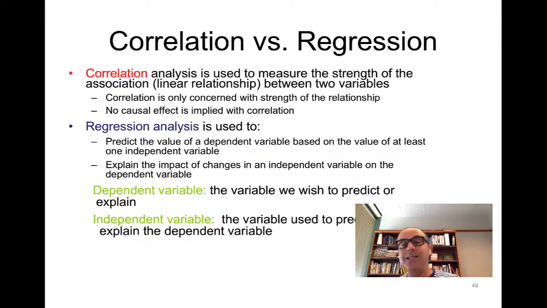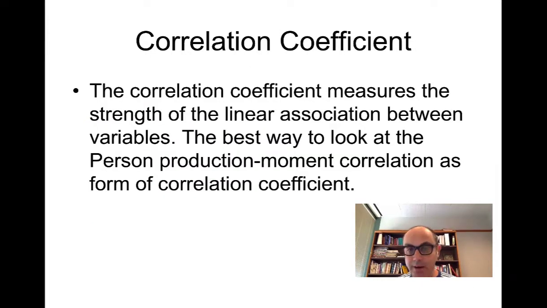The dependent variable is the variable we wish to predict or explain. The independent variable is the variable used to predict or explain the dependent variable. And that's how I see regression, and I want you to make clear the relationship between correlation and regression and how it's done.